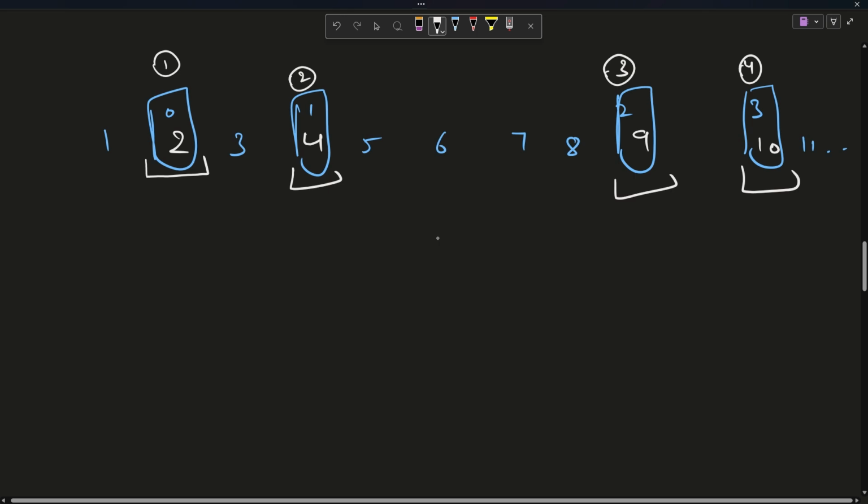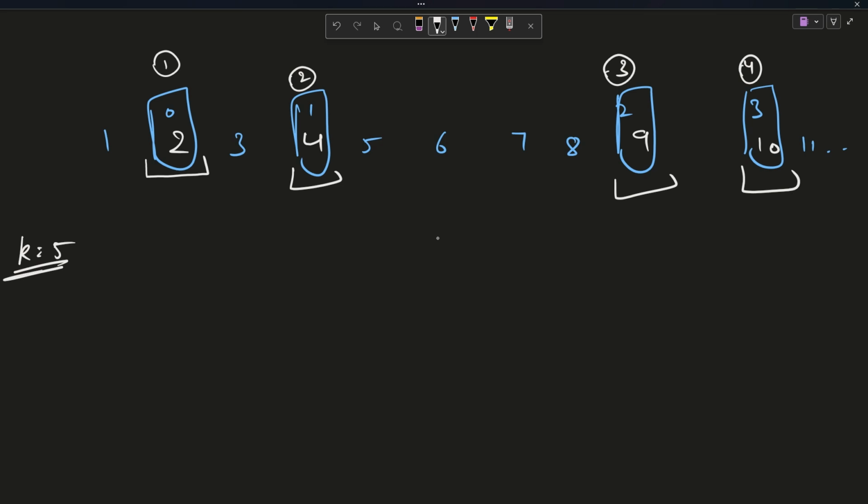Now, I have k equals 5 in my hand. If I say k plus index, that is 5 plus 0 in the first case, 5 plus 1 in the second case, 5 plus 2 in the third case, 5 plus 3 in the fourth case.